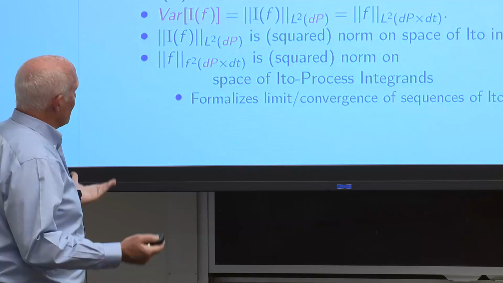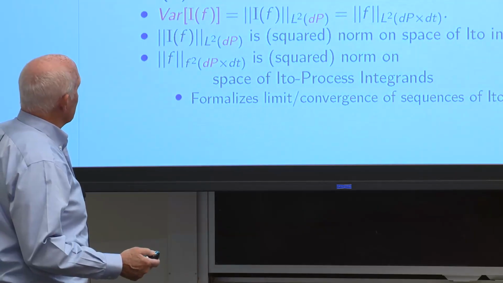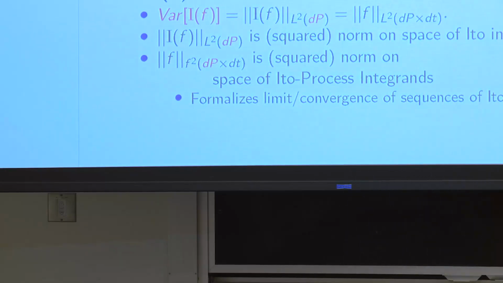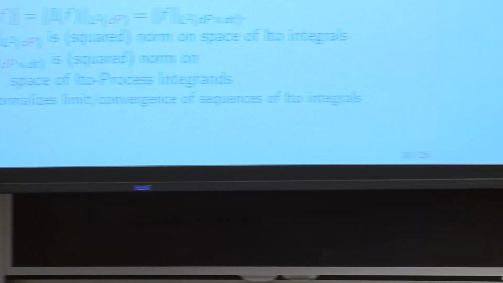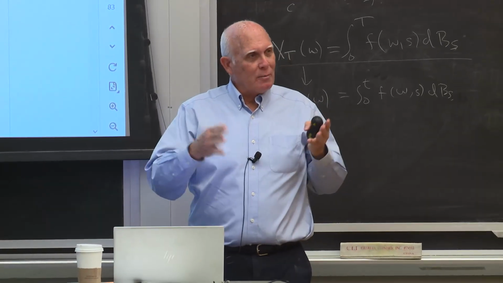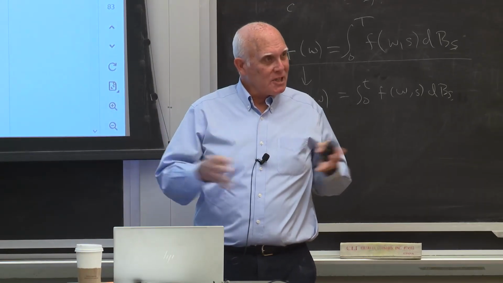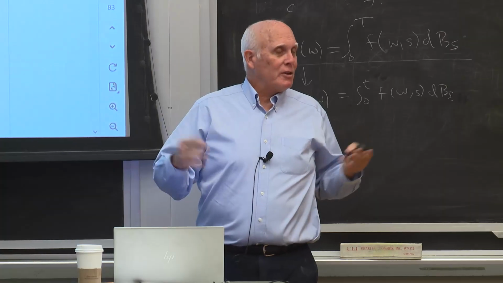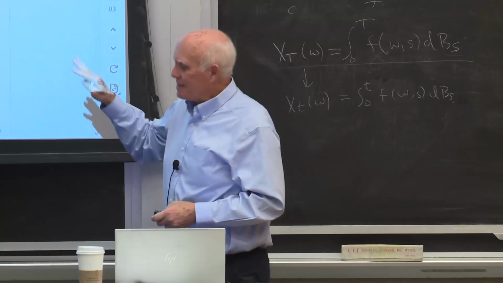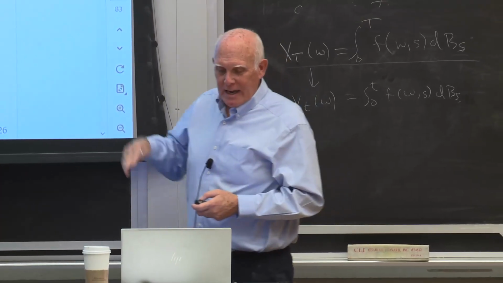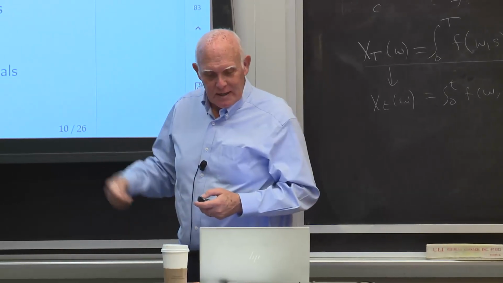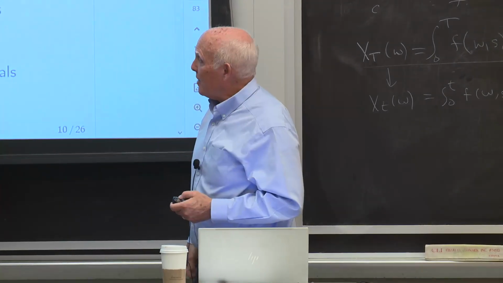We have limits and convergences of sequences of Ito integrals, and something important mathematically is, if we take the limits of these Ito integrals over a grid of increments that's getting finer and finer, do we have a unique limit or not? The squared norms and convergence properties are used to prove that.